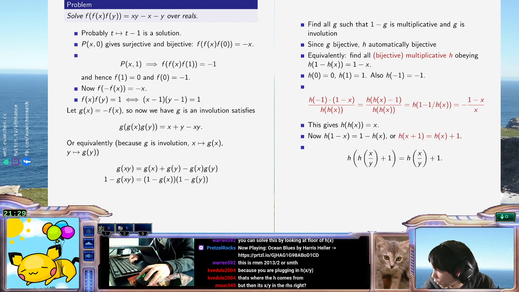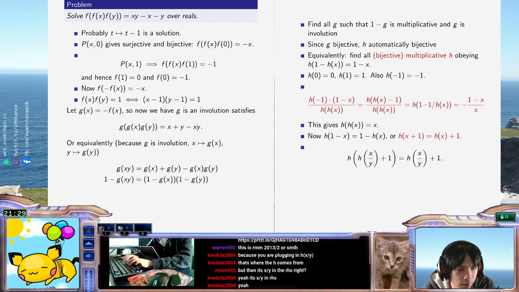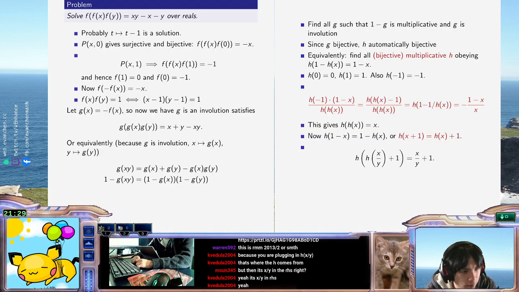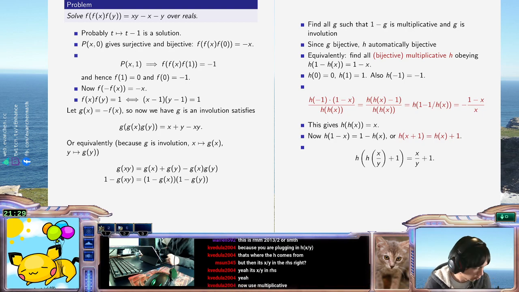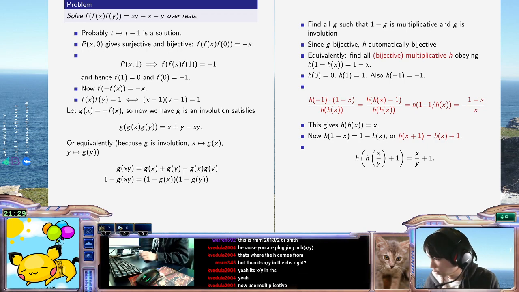No, but if you plug in h of x over y, this should be x over y, right? Okay, so it's x over y on the right hand side. And now use multiplicative.